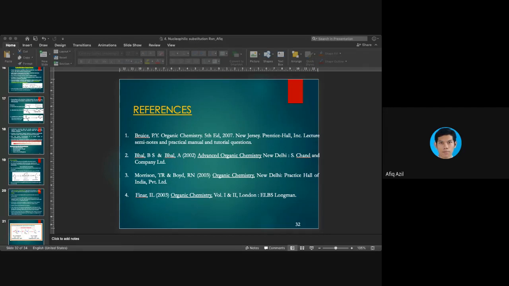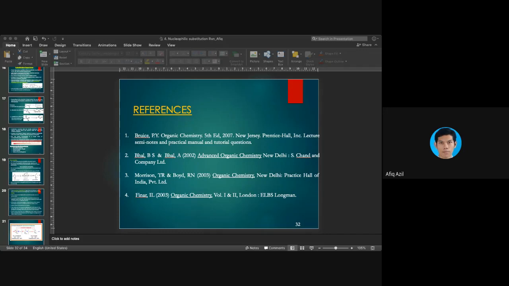So this is an example of alpha elimination, CHX3. That means you are removing hydrogen and this halogen from the same carbon.